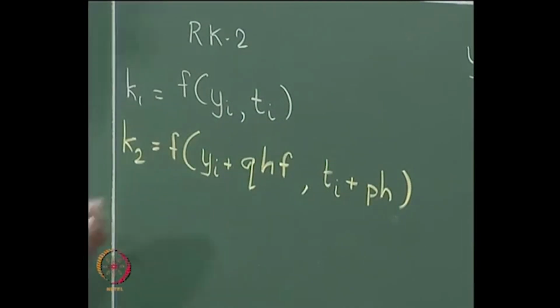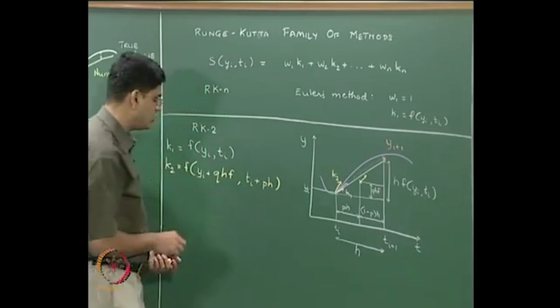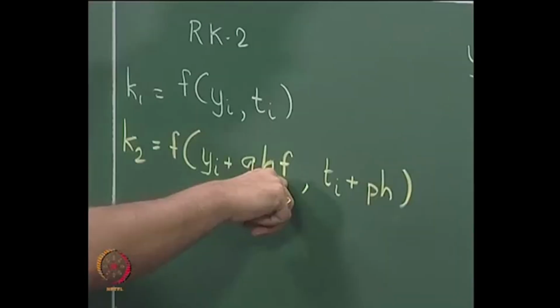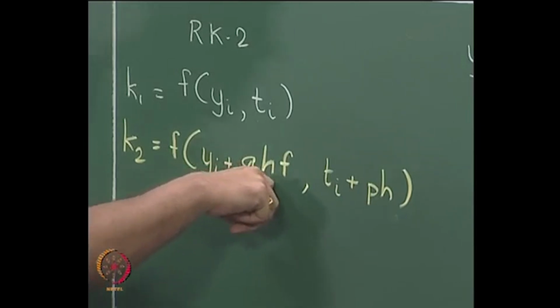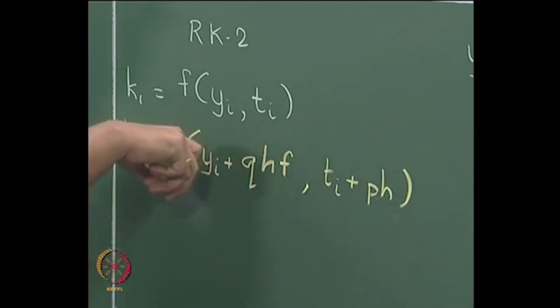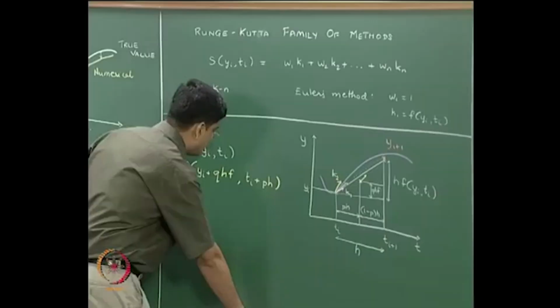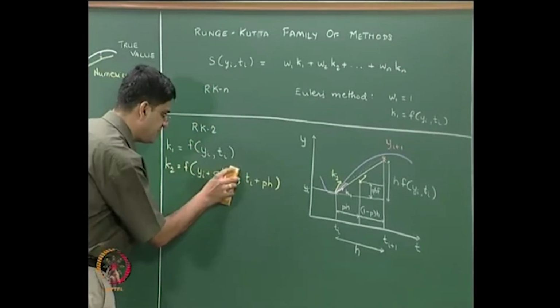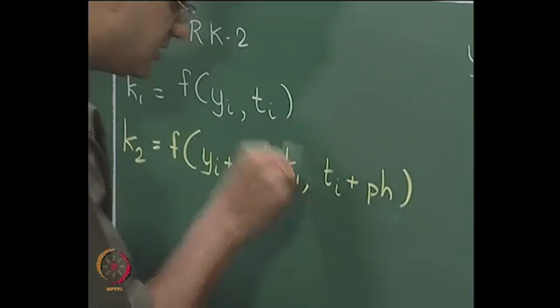So K1 is nothing but the slope computed at yi comma ti. Keep in mind that what we are doing over here is using yi plus q times h times f computed at yi comma ti. F computed at yi comma ti is nothing but K1. Okay. So I am going to erase this f that I had written over here and write this as K1.